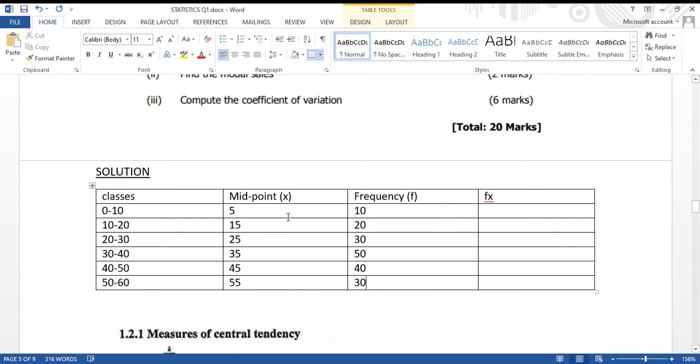Then now we multiply our midpoint times our frequency.